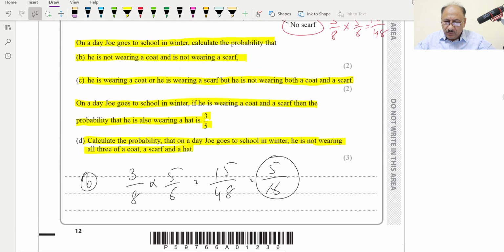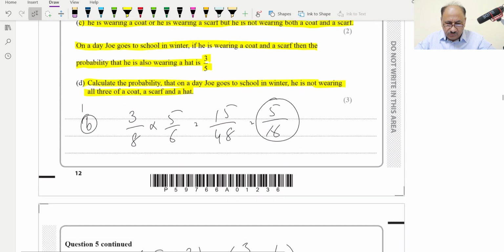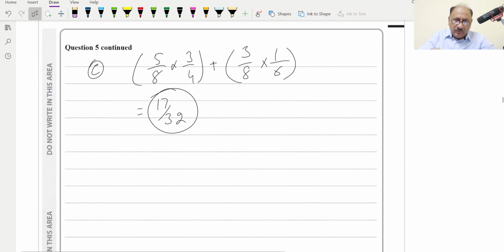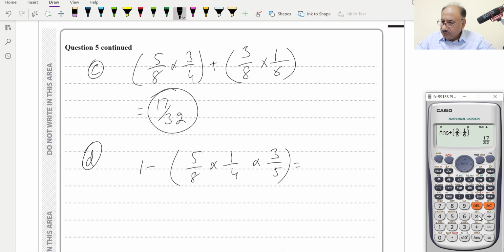So for all three, not, we will be subtracting from 1. So we can write this D part as 1 minus probability of all three. We will subtract this one from 1. So this will be the required probability, and we can solve this one.